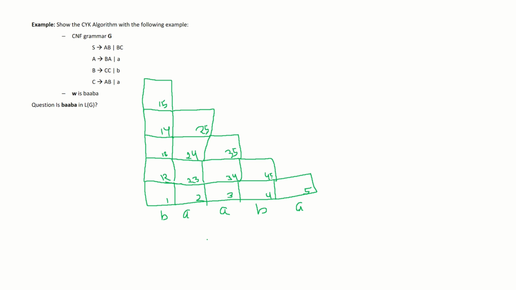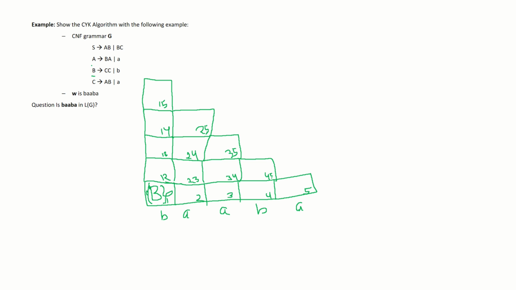So at first let's produce this B. If we look at our grammar, B can be generated from the variable B, right? So we will fill up this cell with B. Now in position 2 we have A. How can we generate A?